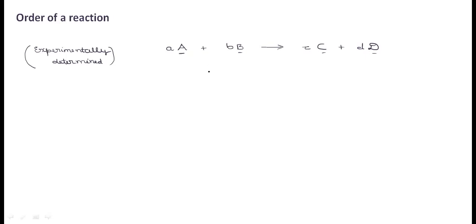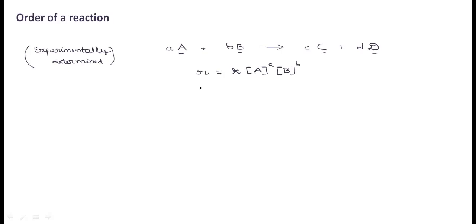Now, if we write the rate equation for this, we know that R is equal to K into the concentration of reactant A power a and concentration of reactant B power b. That is, the product of molar concentrations of the reactants raised to their appropriate powers.